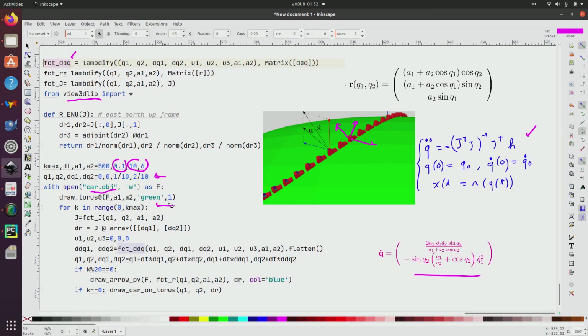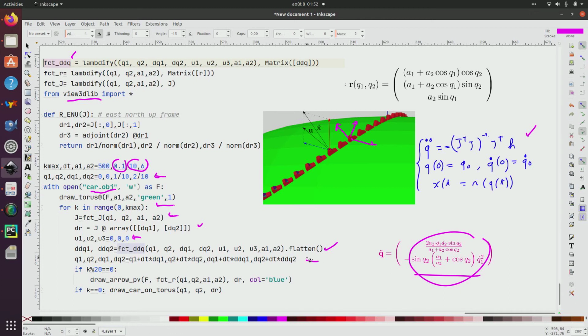And I integrate here from 0 to k max. So I compute J for my specific q1 and q2. I define dr, which corresponds to r dot, thanks to the Jacobian matrix. The inputs are all put equal to 0. And here I compute the second derivative of q1 and q2 thanks to this formula, using the SymPy object that has been lambdified here.